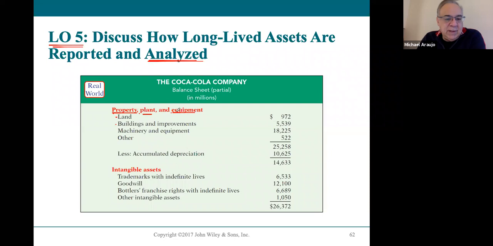And equipment is always going to be listed third. So when it says property, plant, and equipment, they really mean it. That's not the case for intangible assets. They don't necessarily have a particular order. But here the Coca-Cola company has trademarks and goodwill and franchise agreements with their bottlers that obviously have a value.